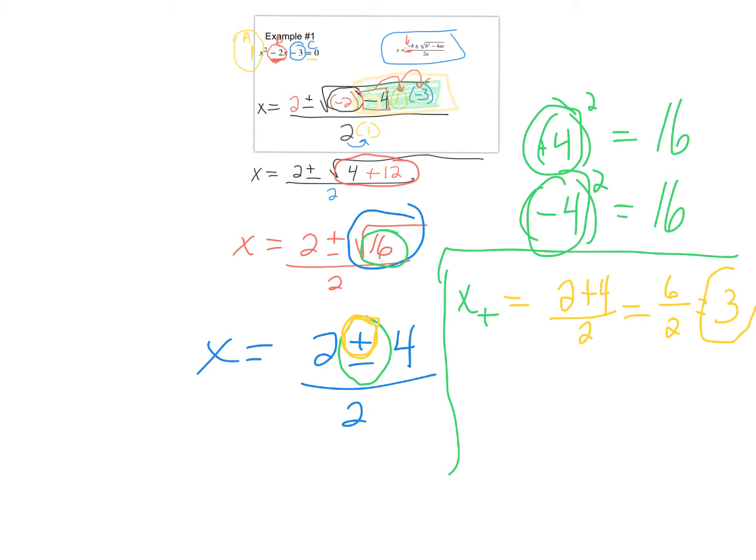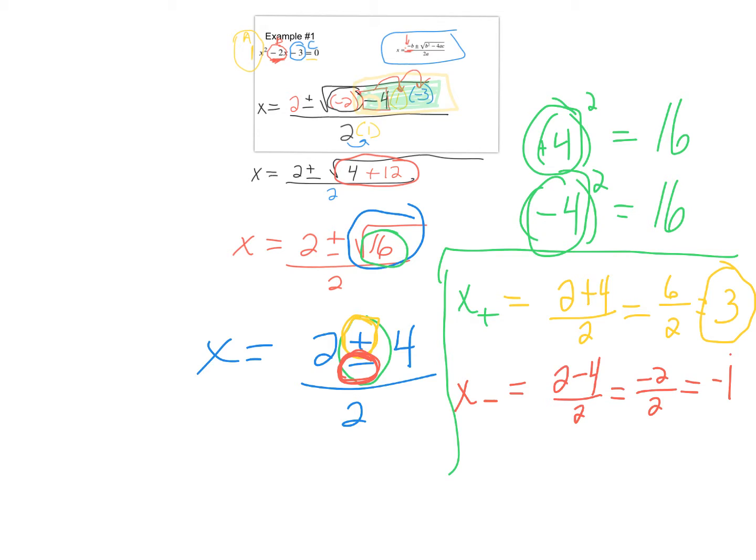So there's one answer we get. Okay. Now we have to worry about the x negative. So assuming that this plus or minus symbol really was a minus sign, we would have 2 minus 4 divided by 2, which is negative 2 divided by 2, or negative 1.